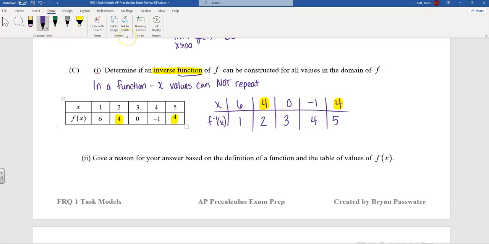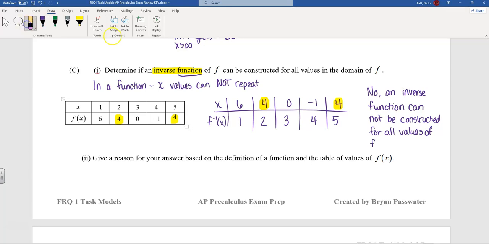So the answer to this question is no. An inverse function cannot be constructed for all values of f, for all values in the domain of f.